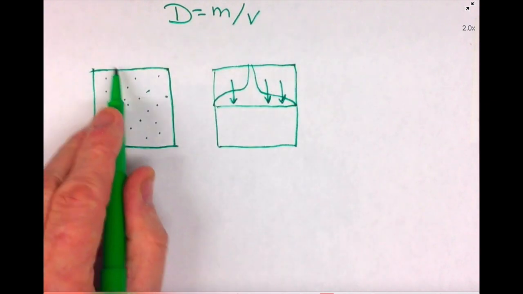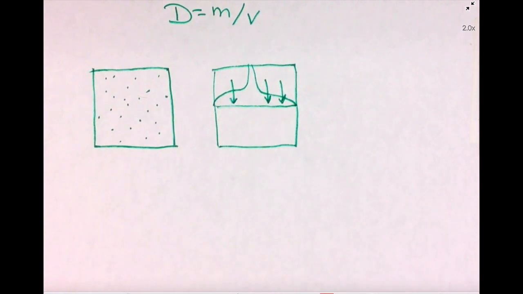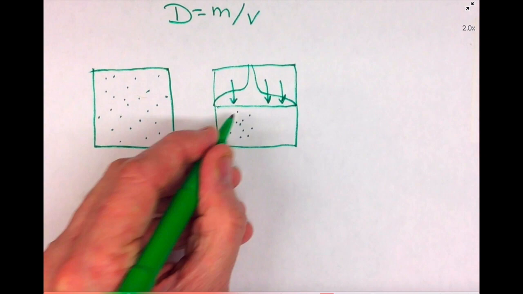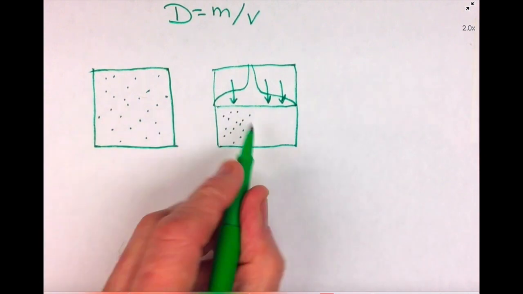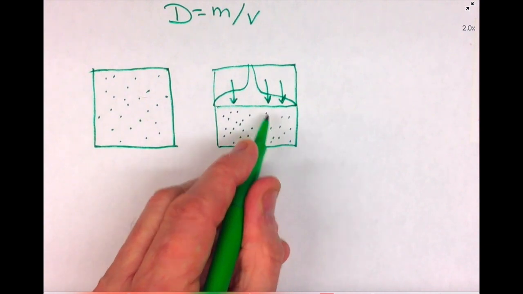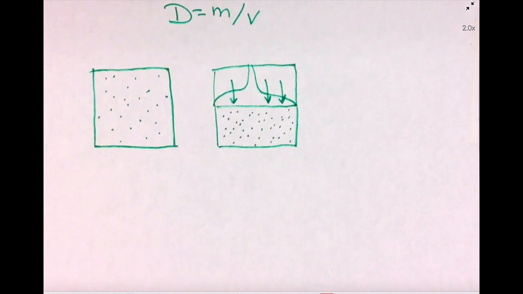And what's going to happen then, these air molecules are still going to be in here, but they're going to be in a smaller space. They're going to be crammed together more tightly. And so now what we're going to draw is the air molecules, but drawn closer together. Okay? It would be the same amount of air, the same weight of air, same mass of air, but it's in a smaller volume, so it's more dense. So we have a greater density here when they're more compressed like that.